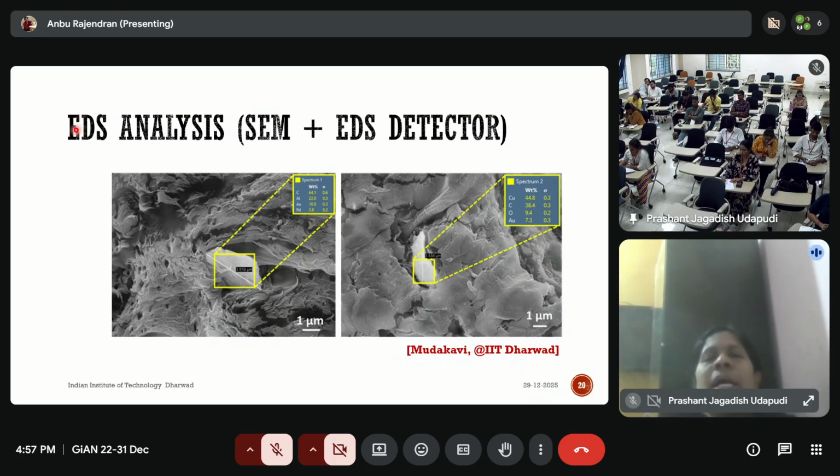You have to buy it additionally and attach it to the machine. These detectors can help measure the composition of any feature or over an area, whatever you want. You have to select the area, go to the EDS mode, select the region and click on it. You will get the composition from the respective region.